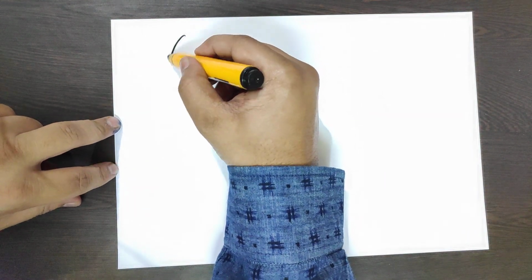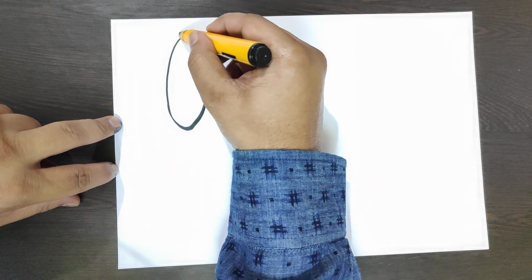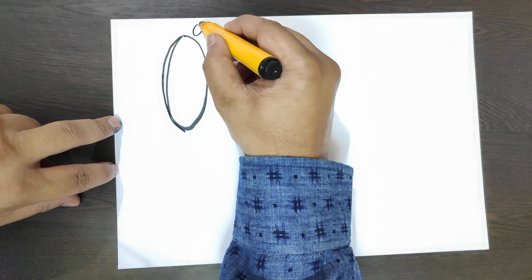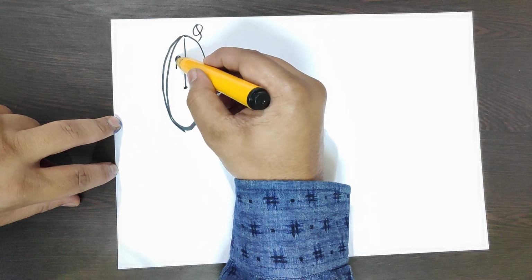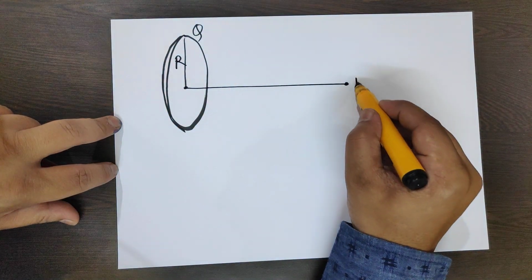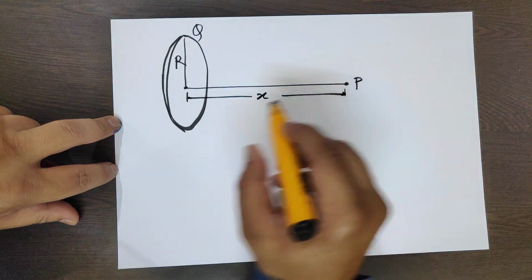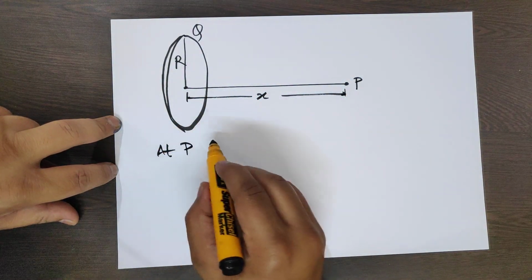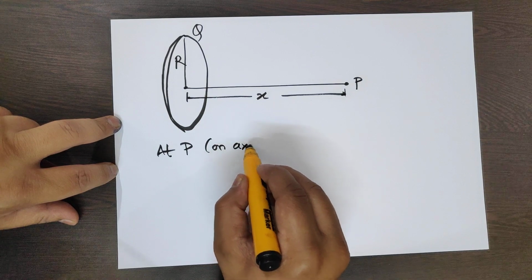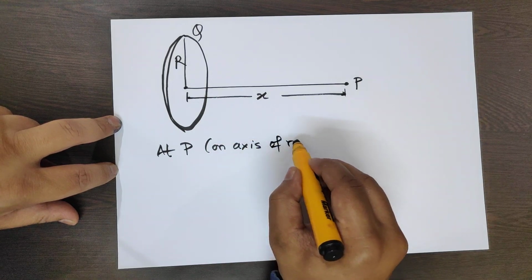Right. Now say, suppose this is a charged ring, charge q, radius r, and a point P. What is the potential at point P on the axis of the ring?